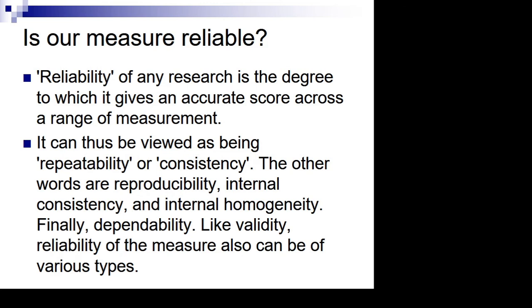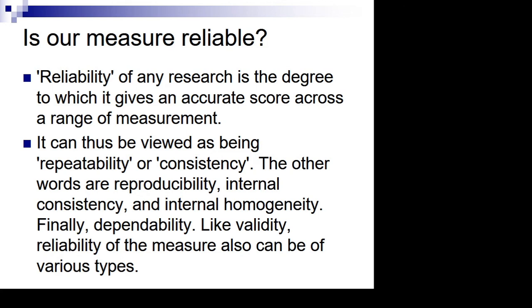Now, we move on to the next concept called reliability. So, having established the validity of a measurement or a scale, we must also establish the reliability of a scale. If validity refers to a measure which measures the purpose for which it was designed to measure, reliability refers to the accuracy of the measurement or how consistently the scale measures what it is supposed to measure.